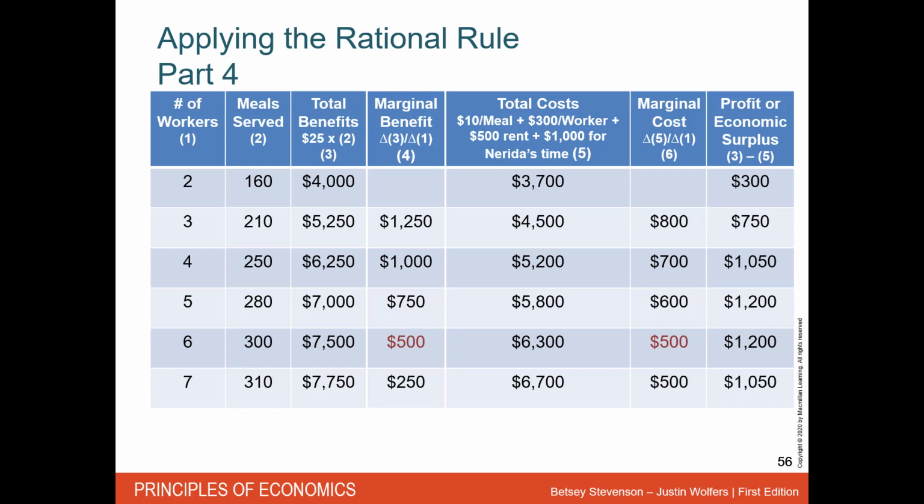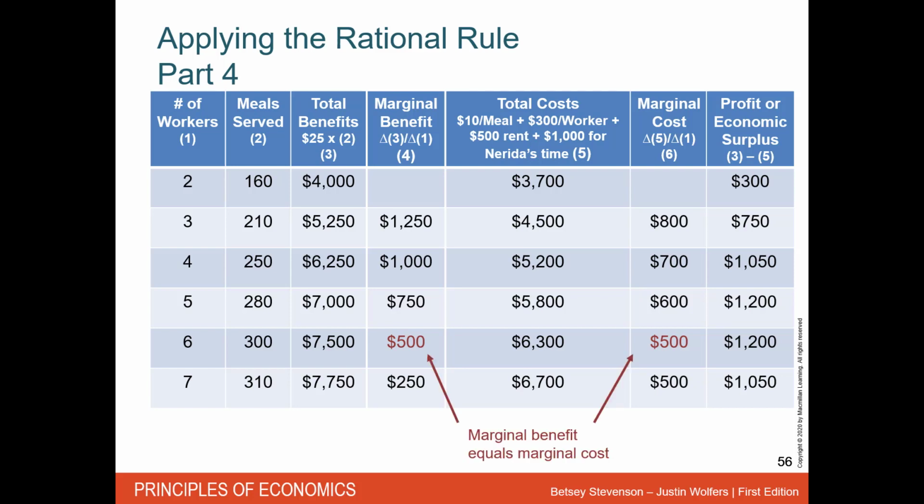That highest profit indicates that the number of workers we need to hire is what? We need to hire 6 workers. Why 6? Why not 5 workers who also has a maximum profit of $1,200? Because again, according to our marginal principle, we keep hiring until marginal benefit is greater than or equal to the marginal cost.